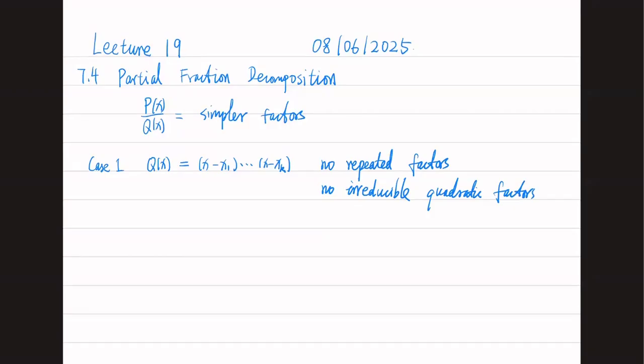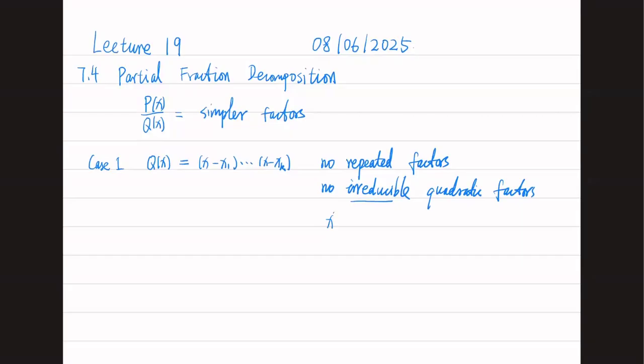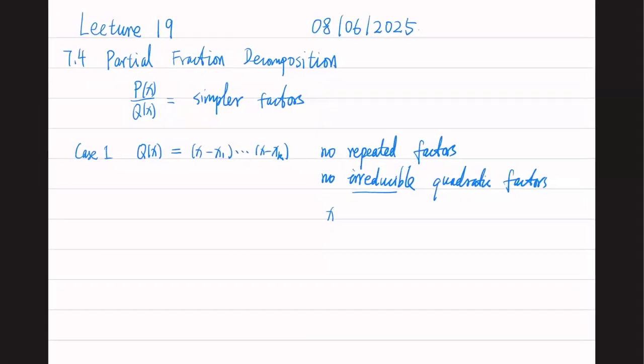So here, by irreducible, I mean, if we have the following quadratic in x squared, for this find the discriminant.